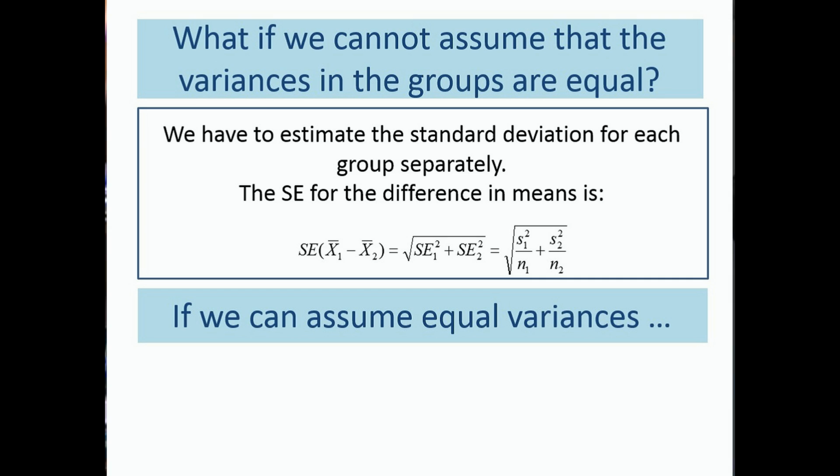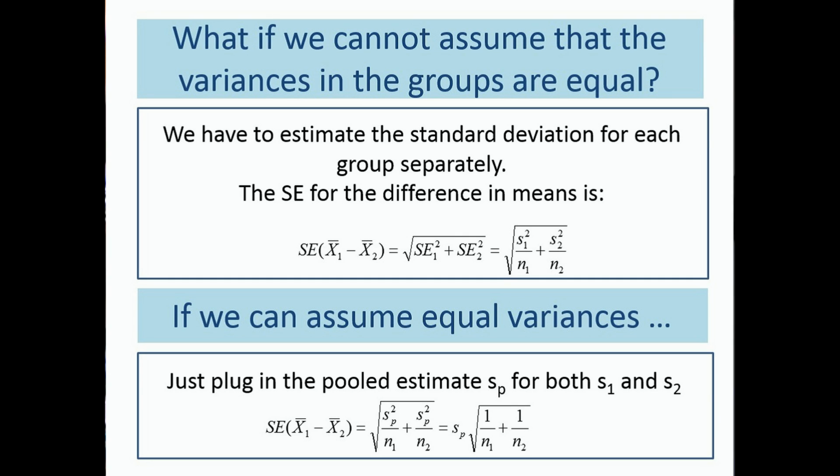If we can assume equal variances, then we will have a pooled estimate and just plug in the pooled estimate in the formula above. Fill in the SP for both S1 and S2, and you will get one pooled standard error.